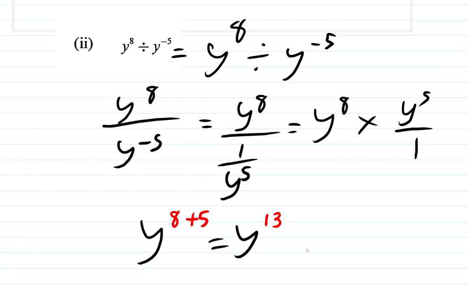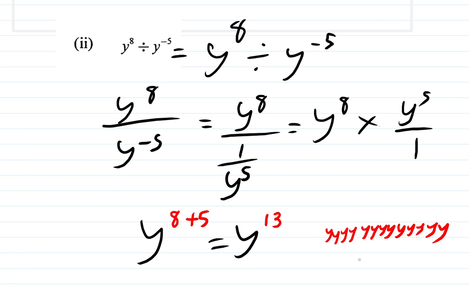Because remember now, if you work it out the long way, y to the 8 will be y by y by y by y by y by y by y by y, 8 y's, times y to the 5, which would be y by y by y by y by y.